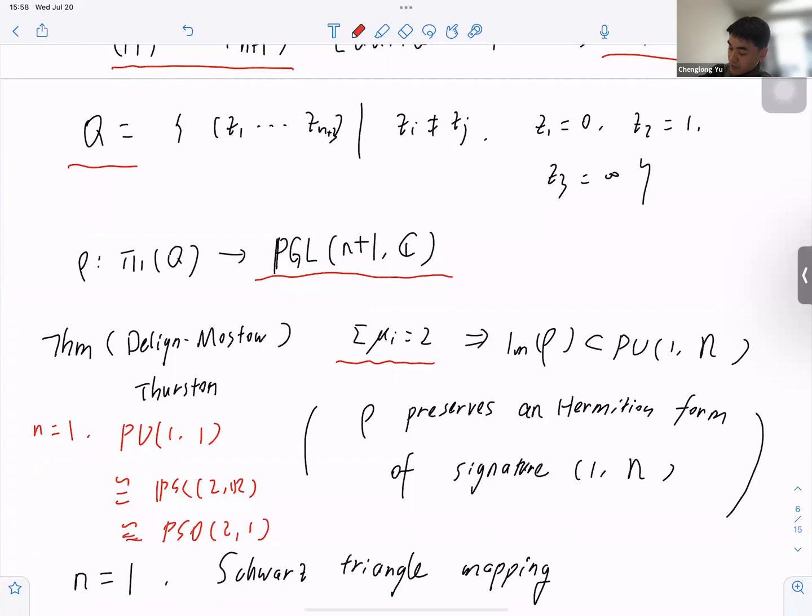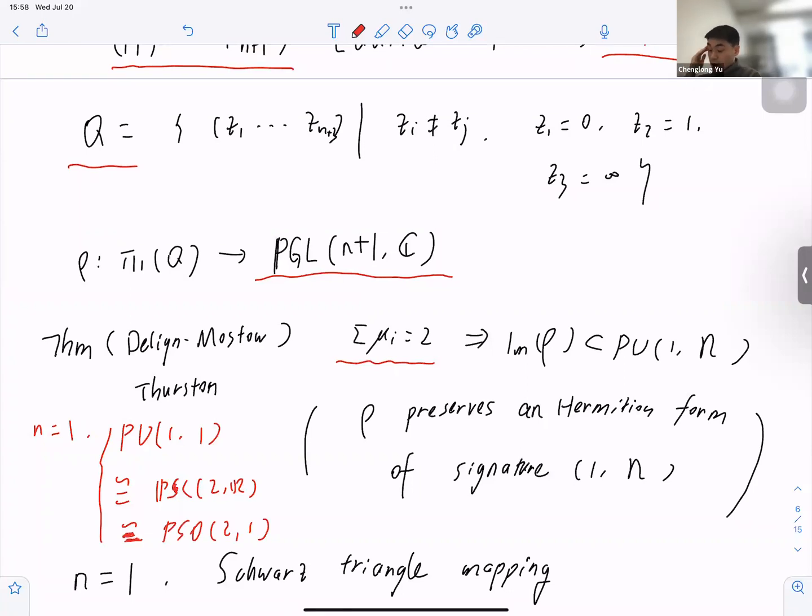They are all isomorphic. You can view the upper half plane as a complex hyperbolic space of dimension 1 or a real hyperbolic space of dimension 2. So there are different points of view to see the upper half plane.